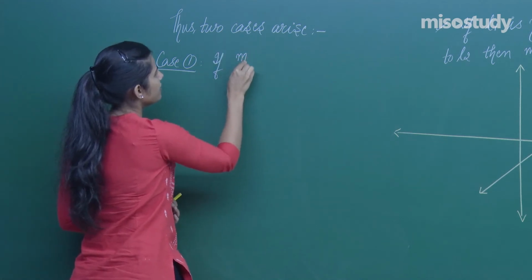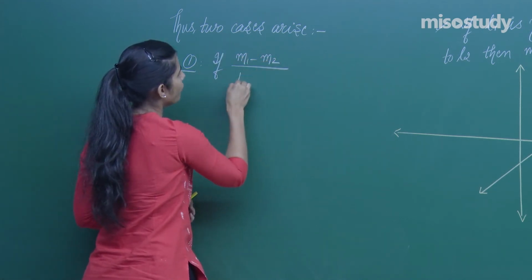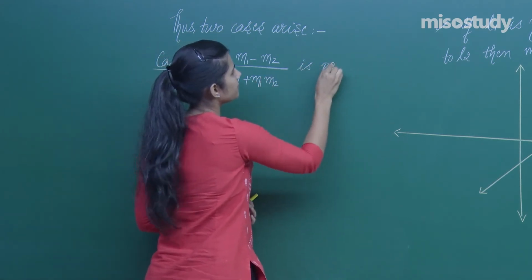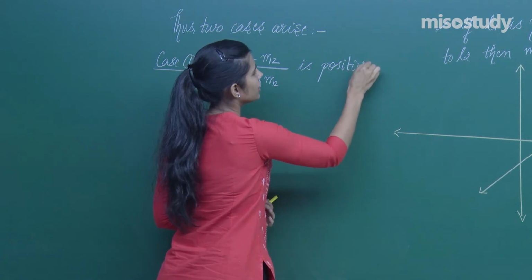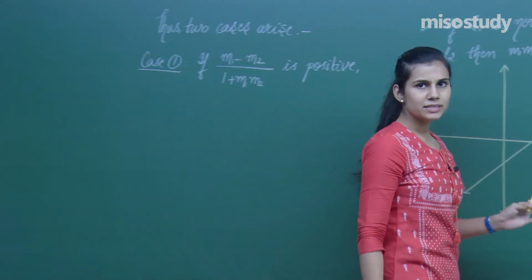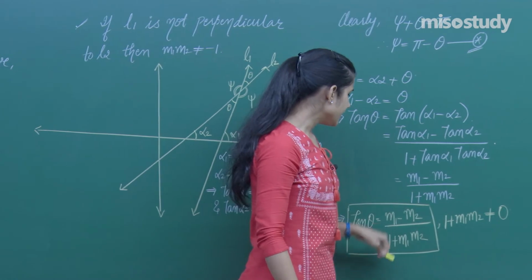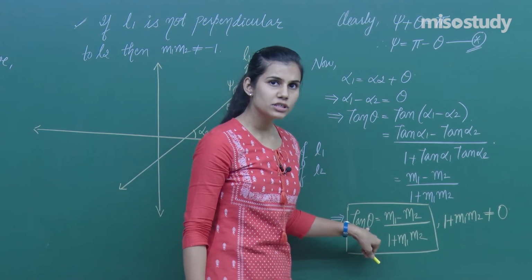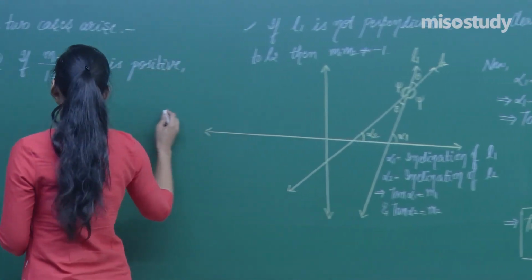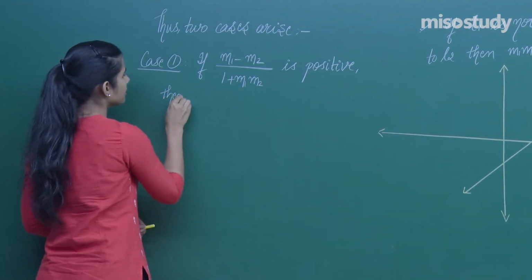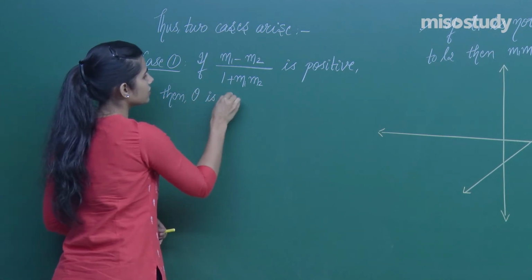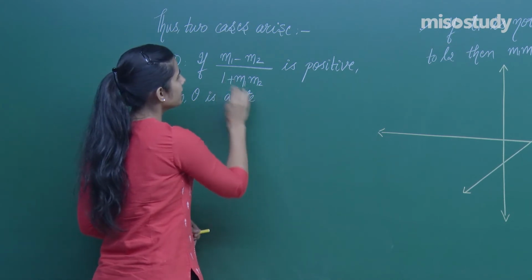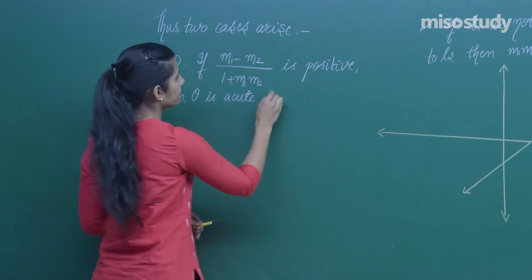If m1 minus m2 upon 1 plus m1 m2 is positive, suppose this real number, because 1 plus m1 m2 is definitely not equal to 0, this is a real number. If this is positive, that means theta is acute, right? If this is positive, then theta is acute. If this is positive, then minus of this will be negative.